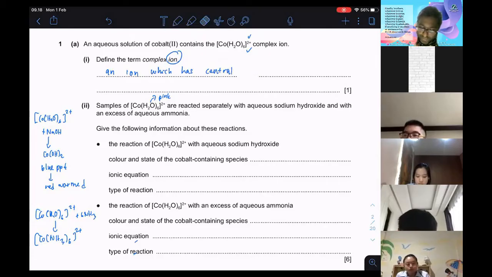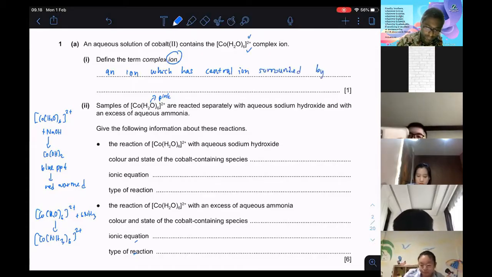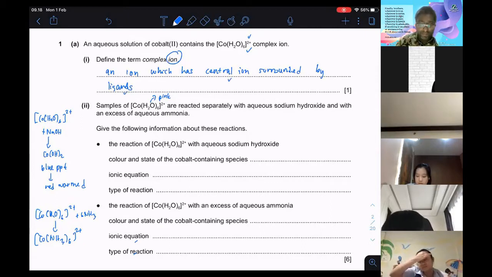In this case, I think better to say which has a central ion, surrounded by ligands. What are the marks? The marks they like to see are the central ion and as well the ligands. Please take note of that.